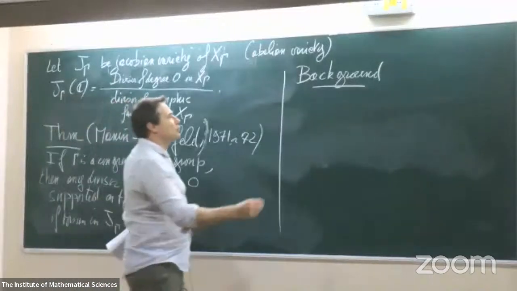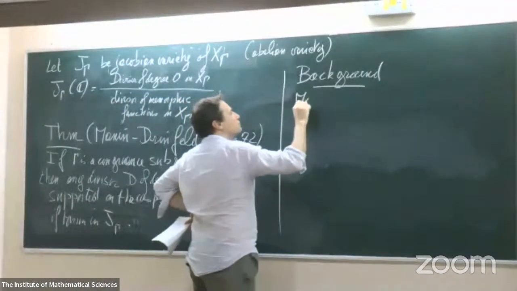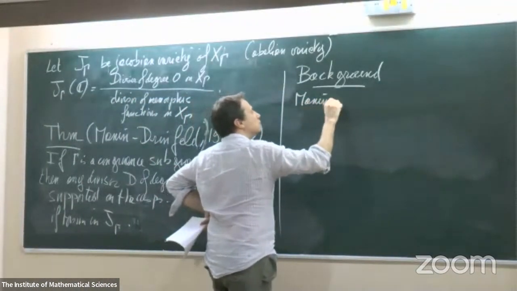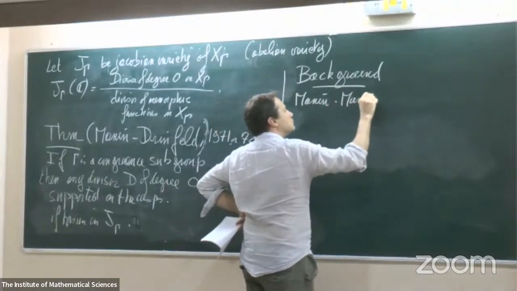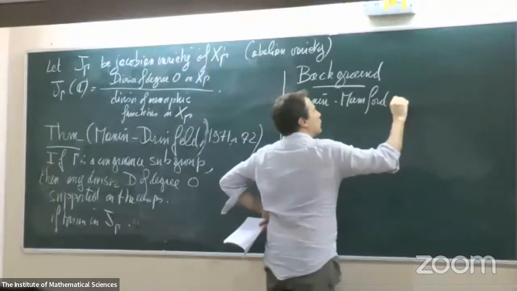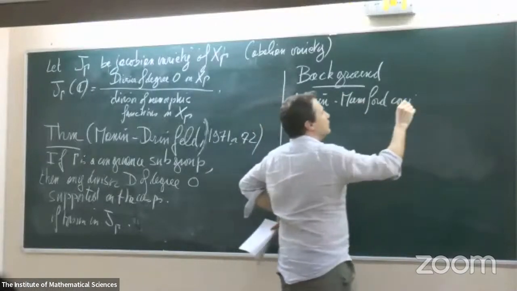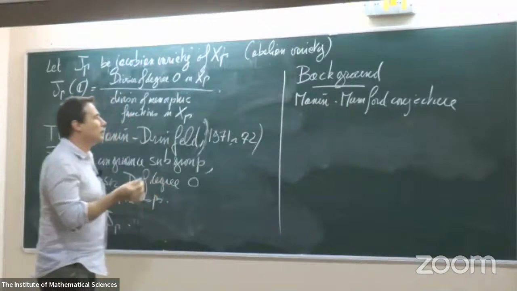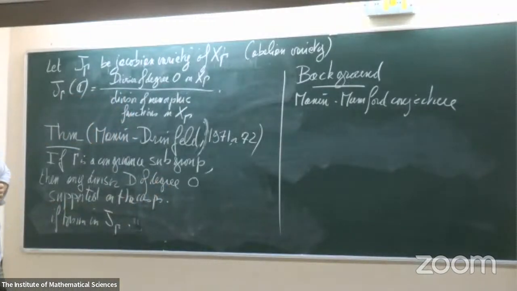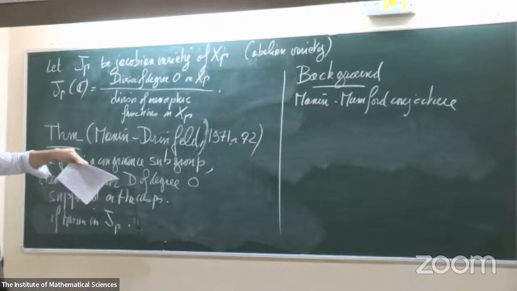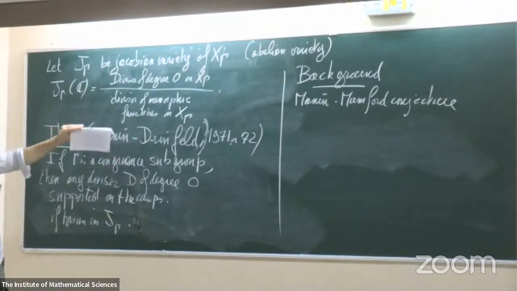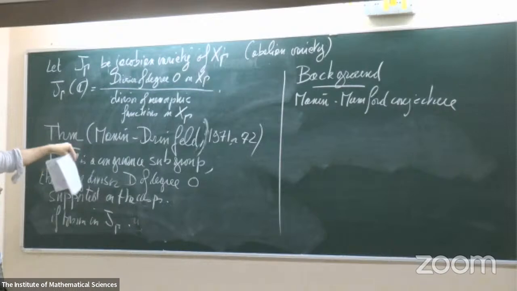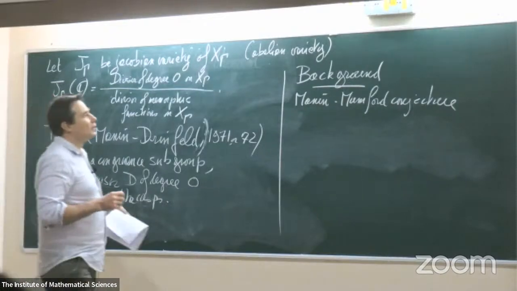Perhaps it's important to mention the Manin-Drinfeld conjecture. I don't know precisely the statement of the Manin-Drinfeld conjecture, but I suspect that when Manin formulated it, it had nothing to do with what he did on cusps.